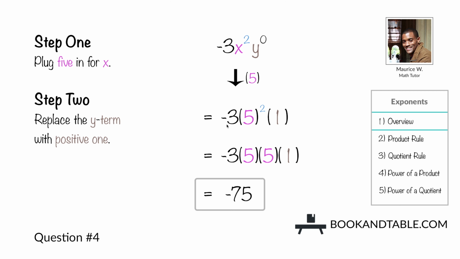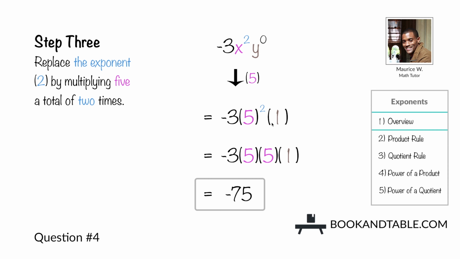So that gives us this, negative 3 times 5 squared times 1. And 5 squared means that we're multiplying 5 a total of 2 times. So this equals negative 3 times 5 times 5 times 1, which equals negative 75.